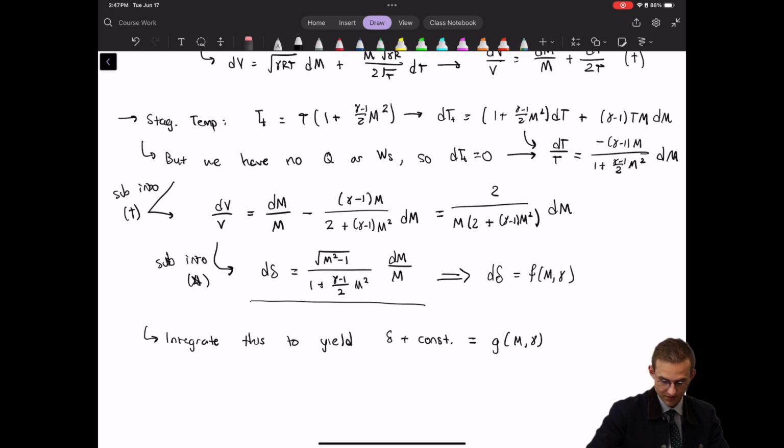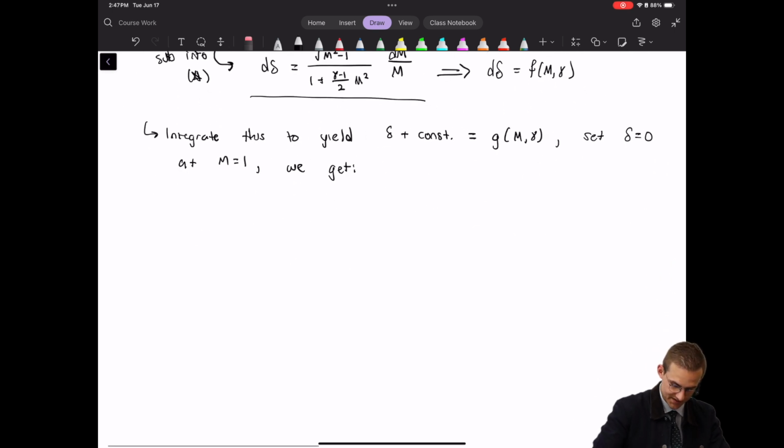We set the deflection angle equal to 0 at M equals 1, and we get the following. Believe me, this is actually very important. So you get this, which we'll call nu.